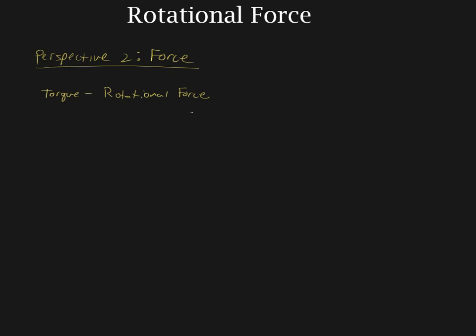Well, that's not going to be the same whenever we look at rotational forces. We're going to have to pay careful attention to where we actually place the force on our diagram. So we will no longer be drawing a box to represent the entire object. We're actually going to have to make a sketch of what the object looks like, no matter how simple the sketch is.